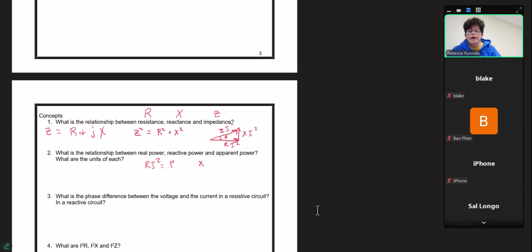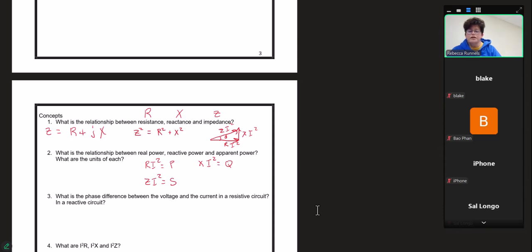Xi squared, that's our reactive power, that's Q. And Zi squared, that is our apparent power, that's S. And so that's the relationship between those things as well.